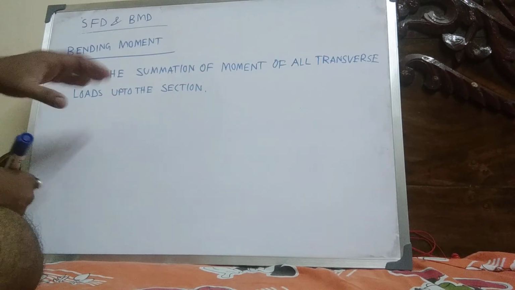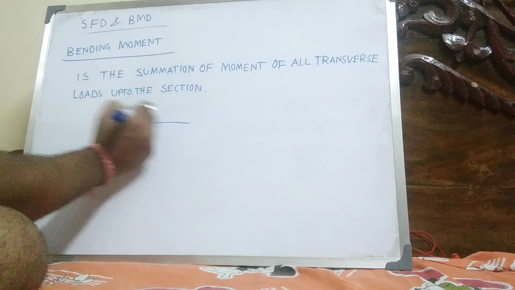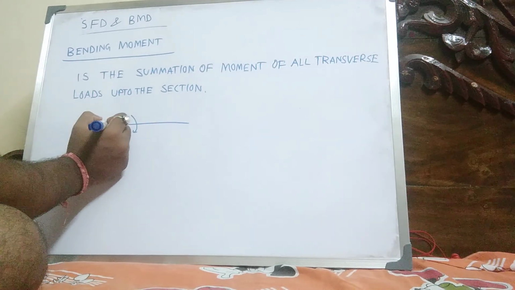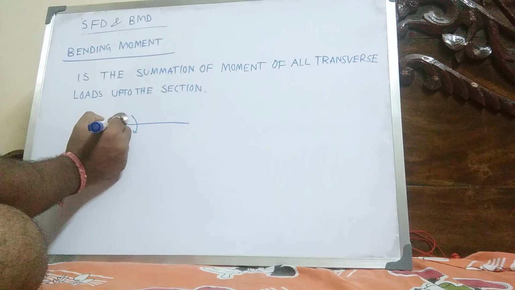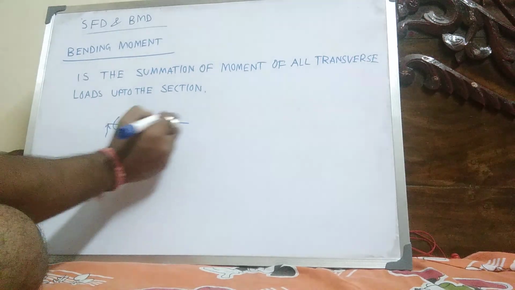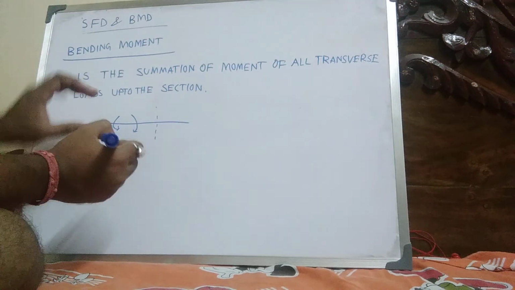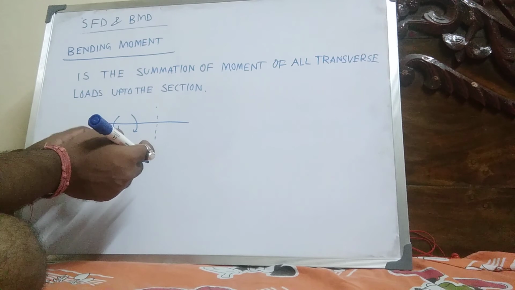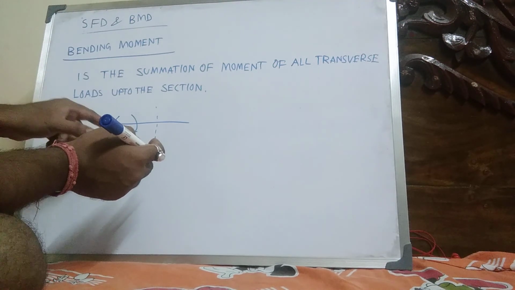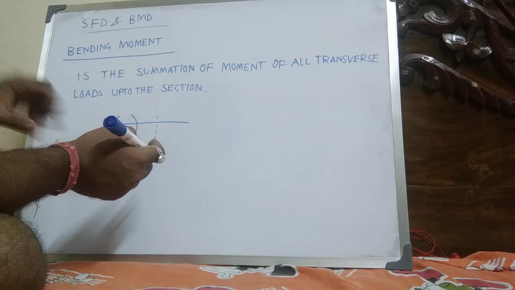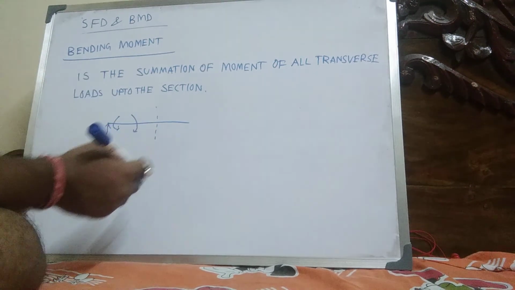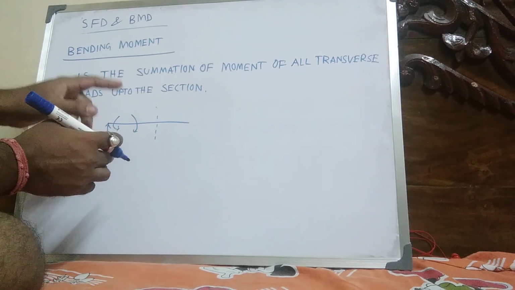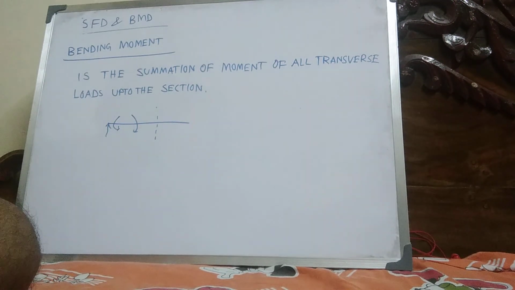Suppose this is a beam and there is one moment and a reaction force. Here is the distance, and the force creates a moment. The summation of the moments up to this section is the bending moment at this section.